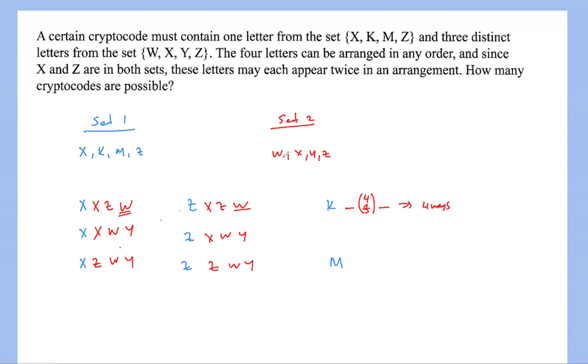Let's say, for example, K, W, X, Y. If these are the 4 letters I have to arrange, that can be done in 4 factorial ways, which is 24. And then M is not different, so I combine M with any 3 letters, which can also be done in 4 choose 3 ways, and that will also be 24. Again, this was an example, so you can change those 3 from those 4 in any way.